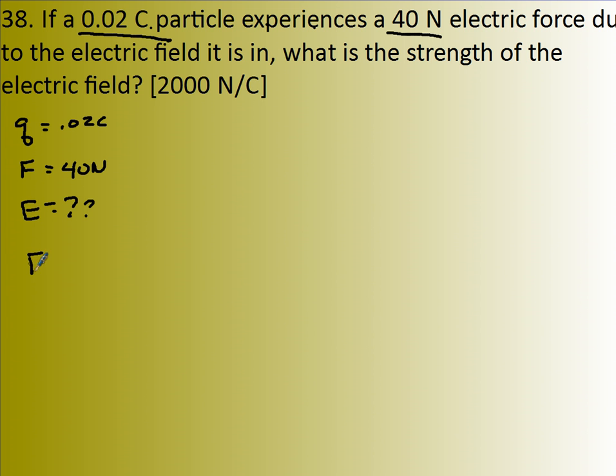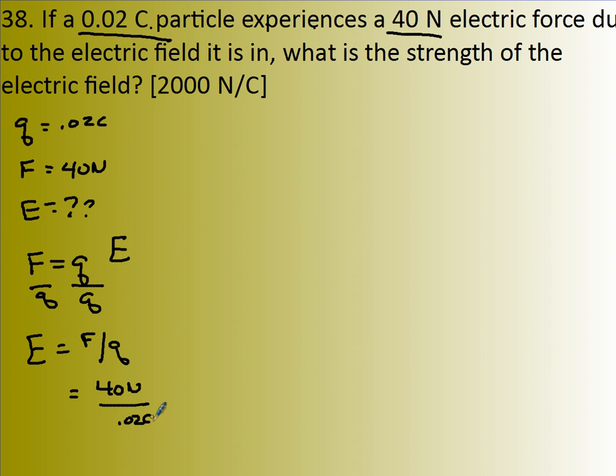Well, I know the force exerted on a charged particle is going to be the charge times the magnitude of the electric field. So for the electric field, I'm going to divide through by Q. The electric field is the force per unit charge. All right, the force is 40 newtons, and the charge is 0.02 coulombs. So the electric field is 2,000 newtons per coulomb.